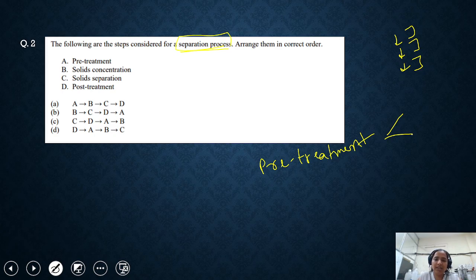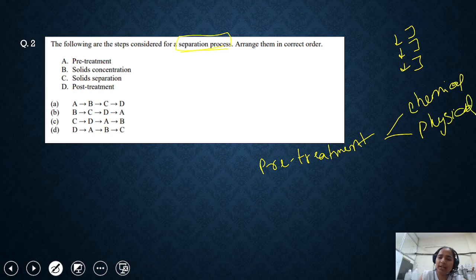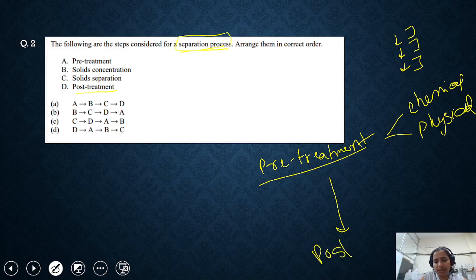So the initial treatment you can do manually, or you can also use a chemical or physical method, but they are very basic methods, like changing the pH so that some components will separate down. And post-treatment is done at the later stage, after the final separation.